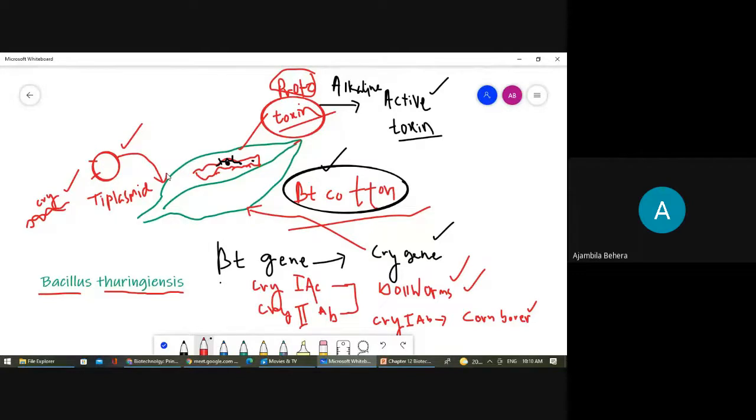So this is all about BT cotton, and now you know how we can control cotton bollworm or other such worms. This is because this BT gene, the cry gene, makes protoxin in the host organism, and when it is taken up by the pest like the cotton bollworm, the inactive protoxin is activated into the active toxin, and further that can destroy the organism.